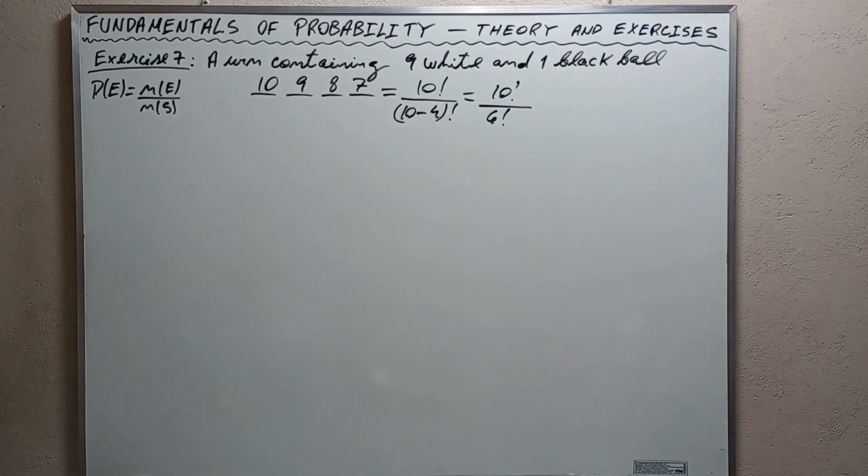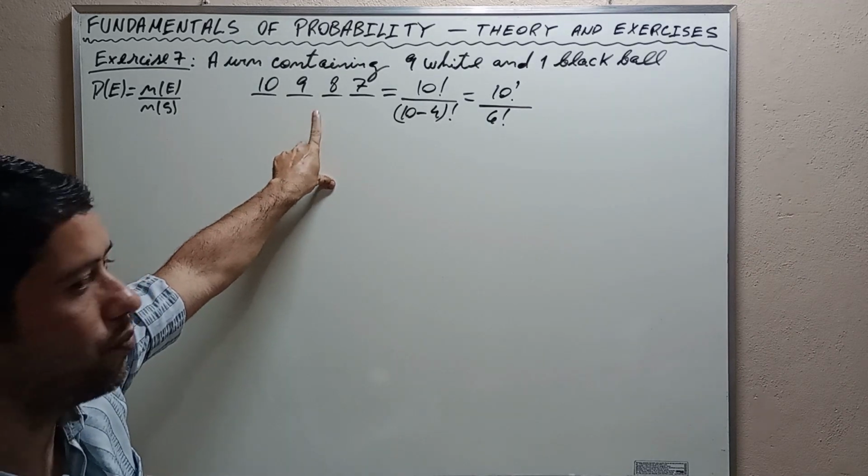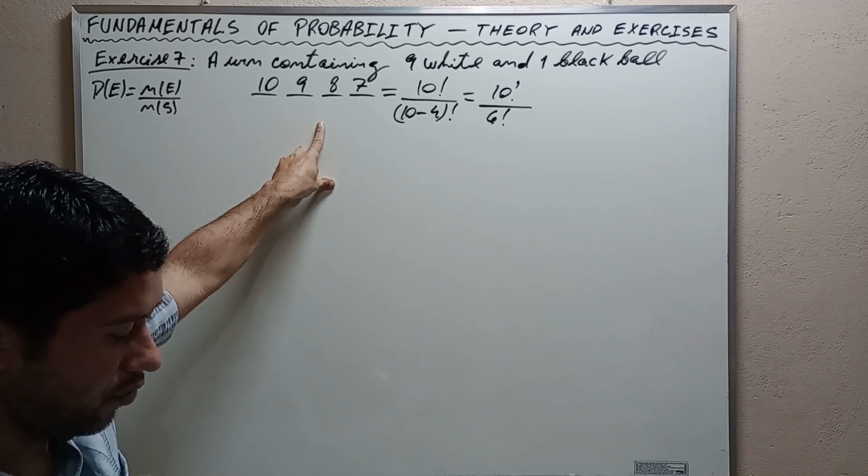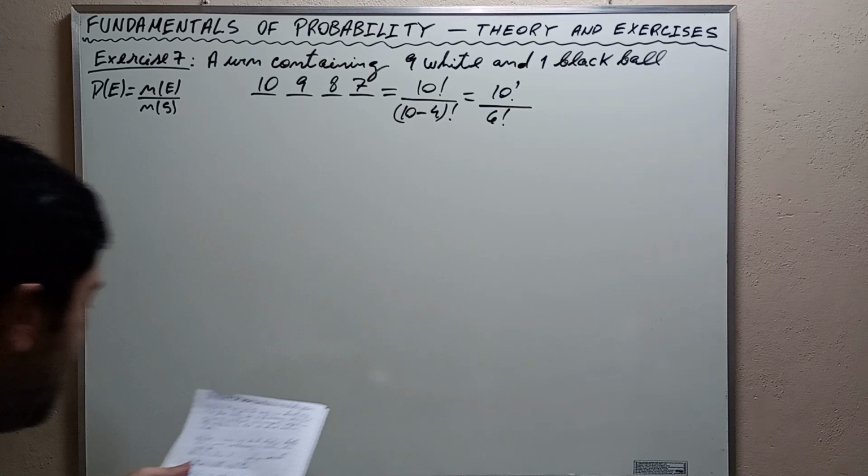That being said and understood, we are now going to remove the repetitions. This is with repetitions, and we need to discount for them. Observe that we are selecting 4 balls.